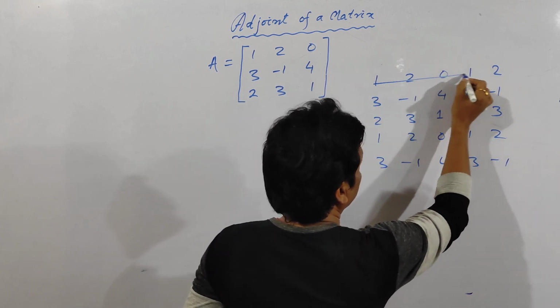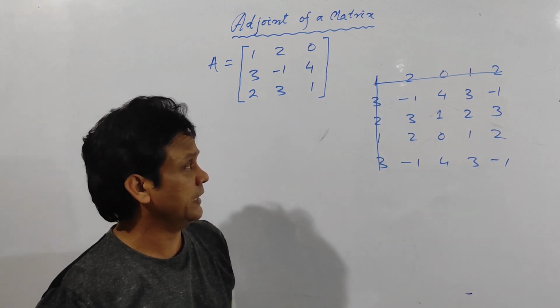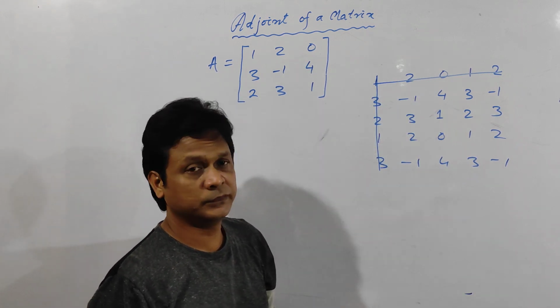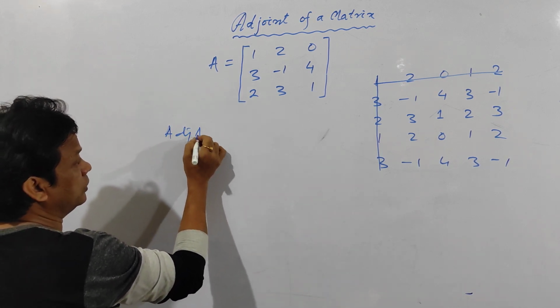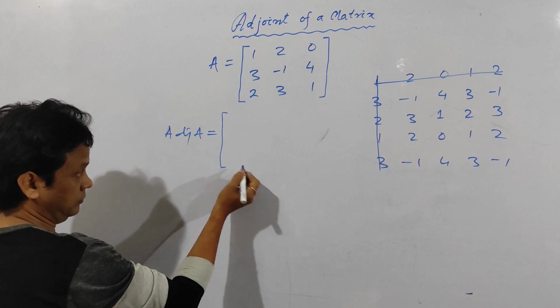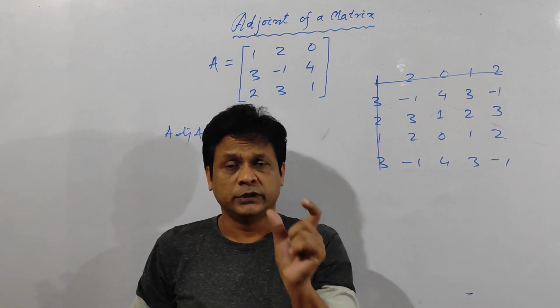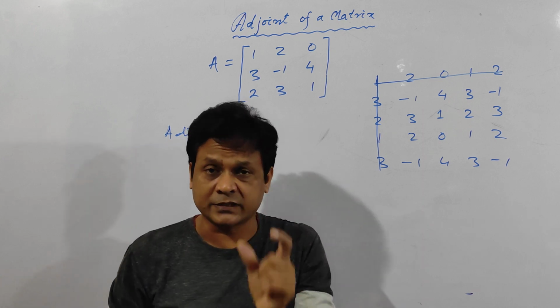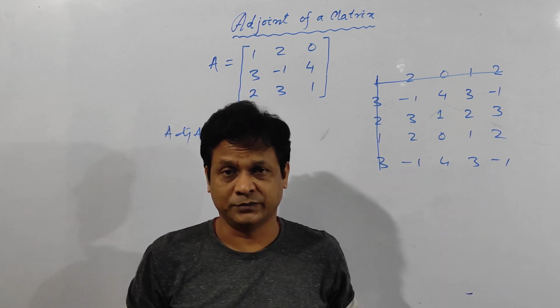So simply omit these two lines, that means the first row and first column. Now, adjoint of A. And it is already known to you, the cofactors of the first column should be written in the first row.